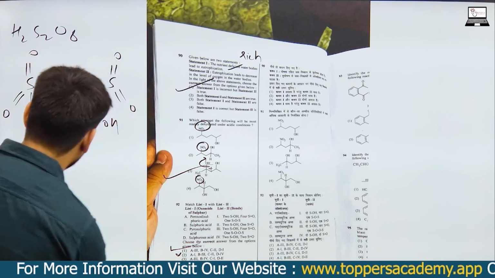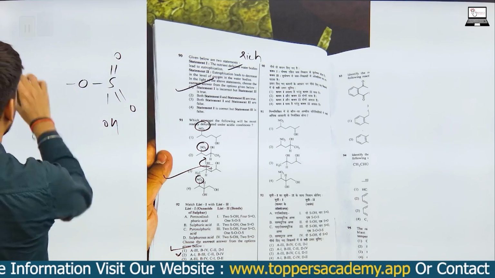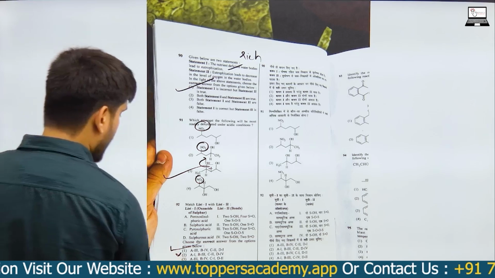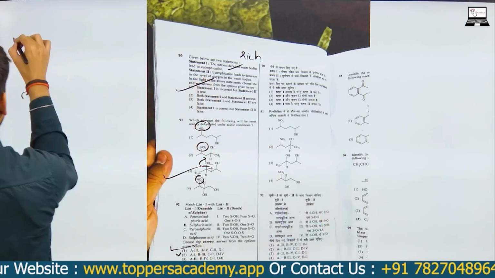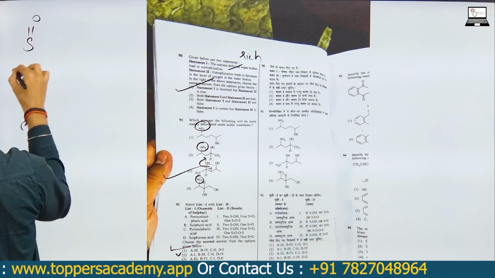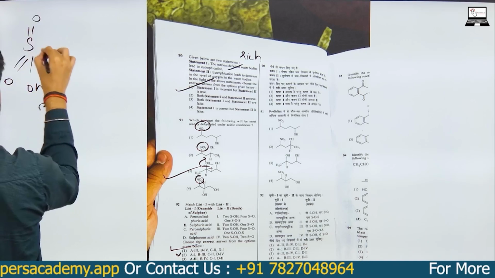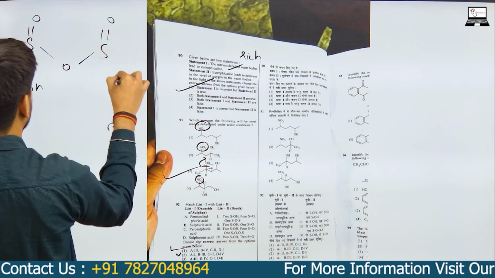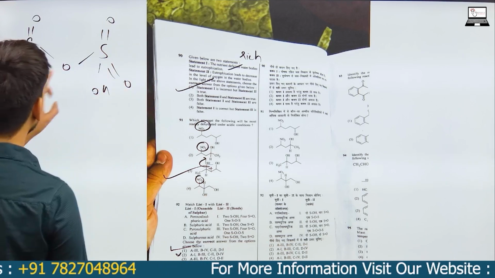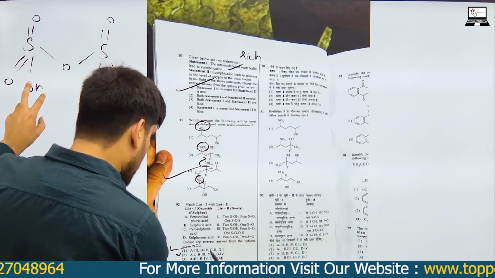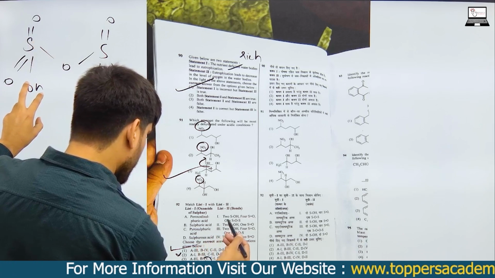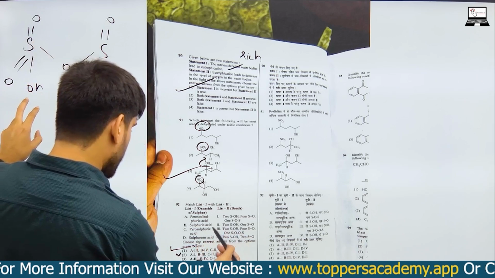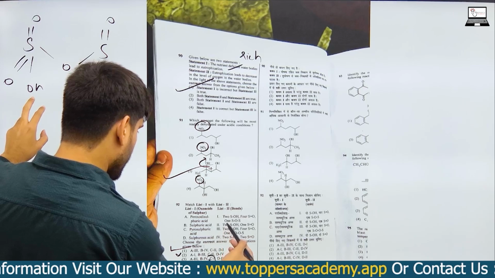Pyrosulfuric acid is oleum. What is pyrosulfuric acid? That is oleum. Yes, this is your oleum. So here you have 4 S=O. Just a second.